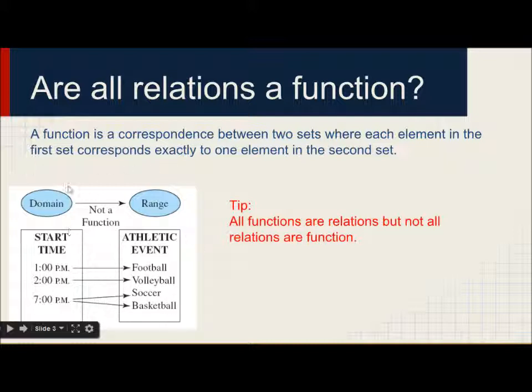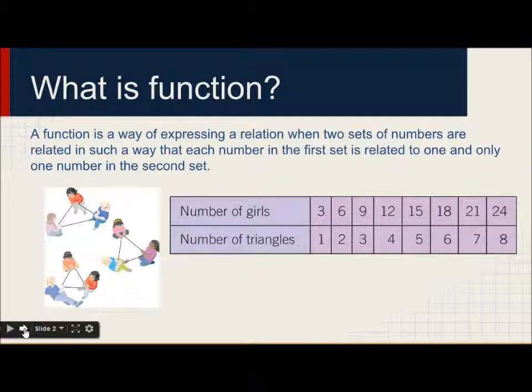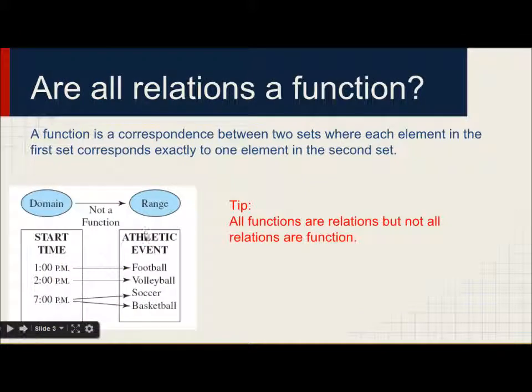So this is not a function. There is a tip to remember: all functions are relations, but not all relations are functions. This is a relation. The previous one was also a relation, but the first one was a function, and this one is not a function.